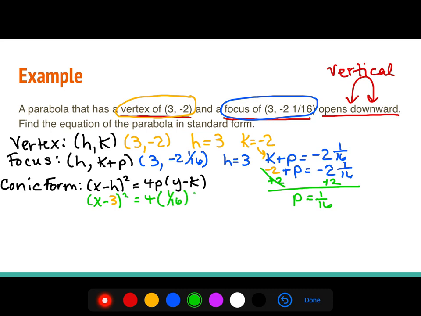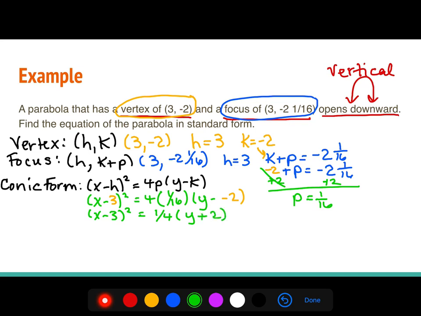And what I'm going to do is fill in what I know. x minus h, I know h to be 3, equals 4 times p, I know p to be 1/16, (y minus k), I know k to be -2.